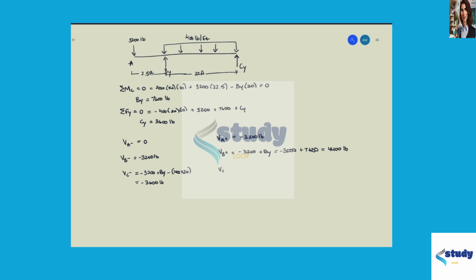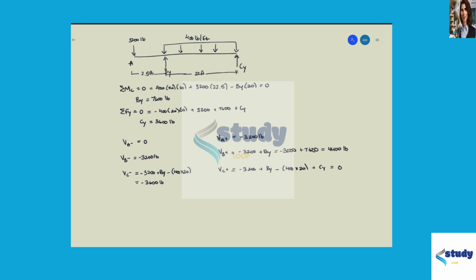And if we look at the right side of C, we have negative 3,200 plus B in the y direction, minus 400 times 20 plus Cy. And all of this ends up equaling 0.